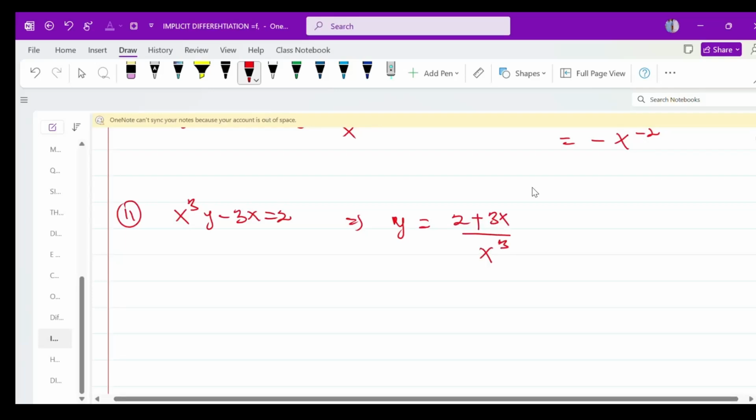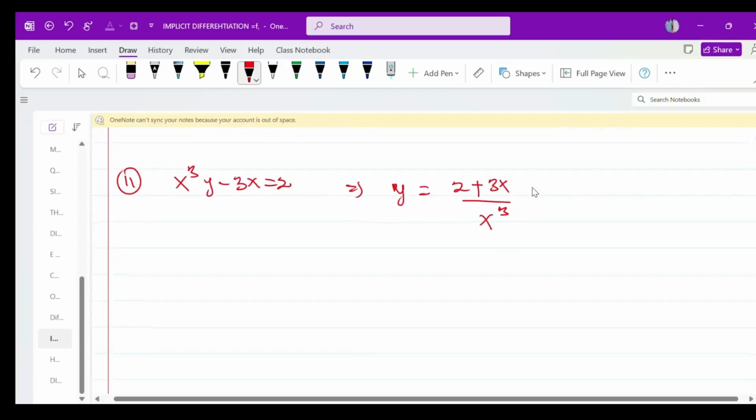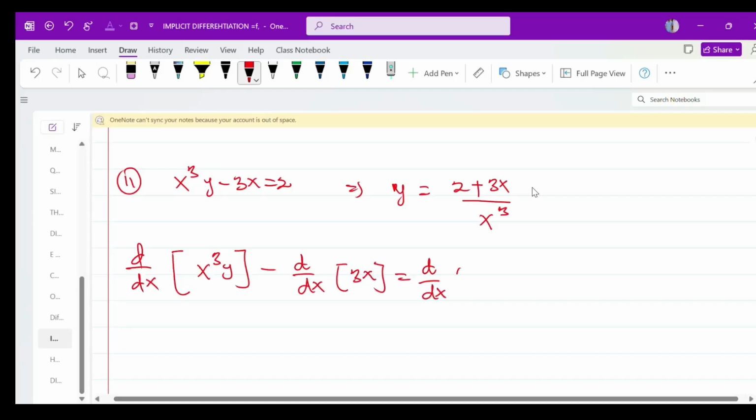Or you do it step by step. So you find the derivative with respect to x of x cubed y minus the derivative with respect to x of 3x equal to the derivative with respect to x of 2. When you use the first approach, you're going to use the quotient rule.